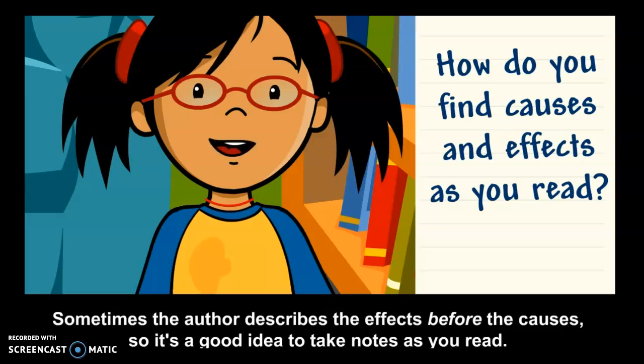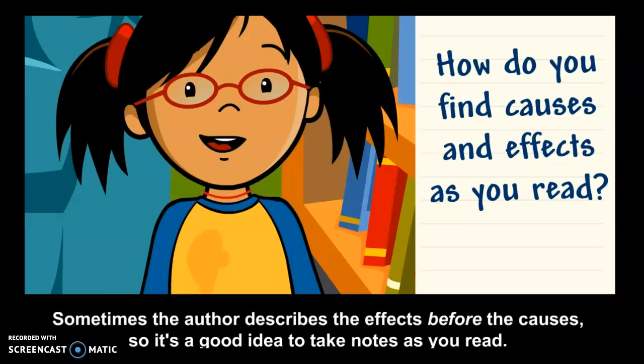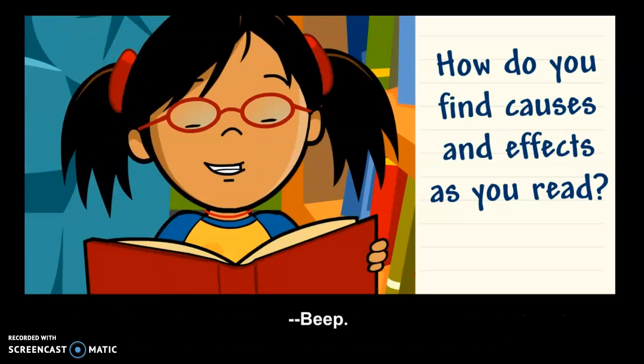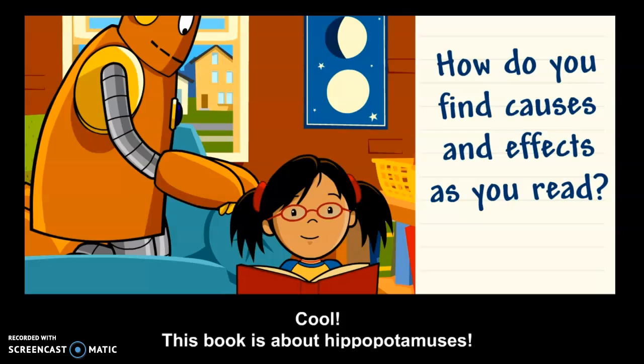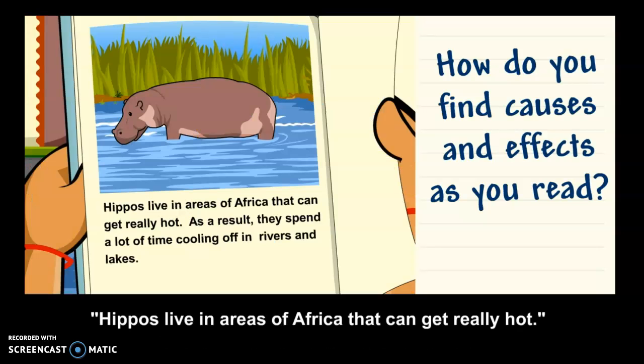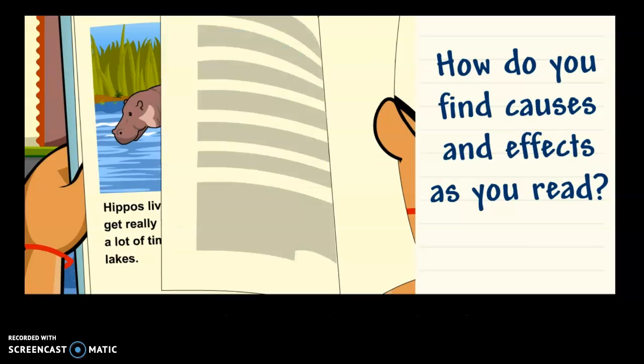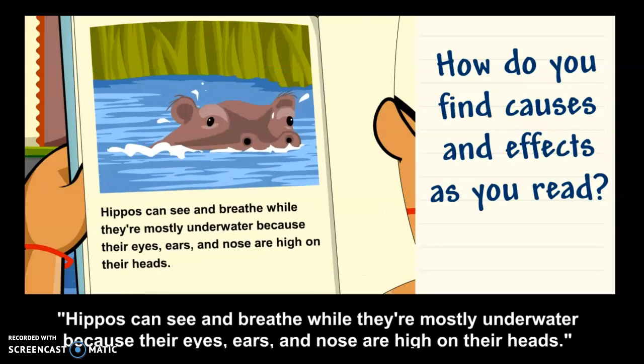Sometimes the author describes the effects before the causes, so it's a good idea to take notes as you read. Cool! This book is about hippopotamuses. Hippos live in areas of Africa that can get really hot. As a result, they spend a lot of time cooling off in rivers and lakes. Hippos can see and breathe while they're mostly underwater because their eyes, ears, and nose are high on their heads.